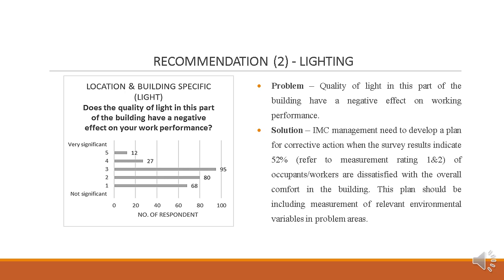As a solution, IMC management needs to develop a plan for corrective action when the survey results indicate that 52%, referring to measurement rating 1 and 2, of occupants or workers are dissatisfied with the overall comfort in the building. This plan should include measurement of relevant environmental variables in the problem area.